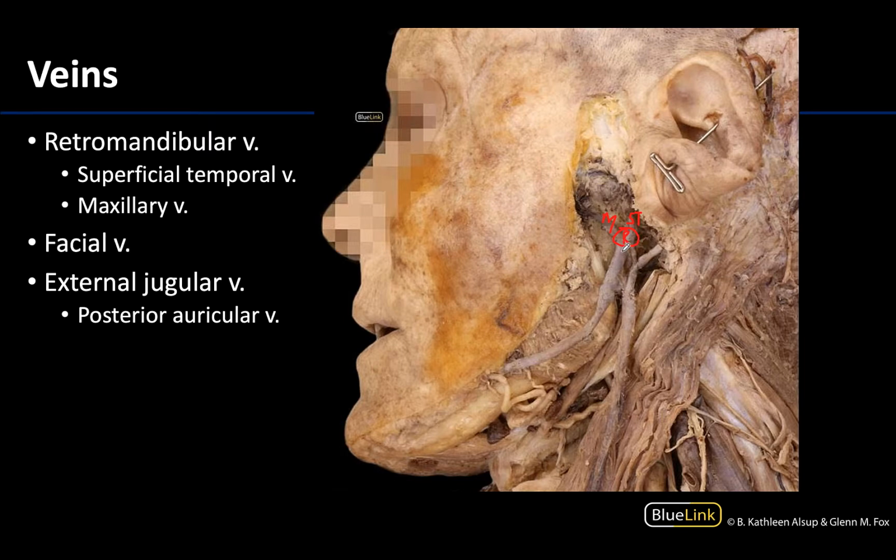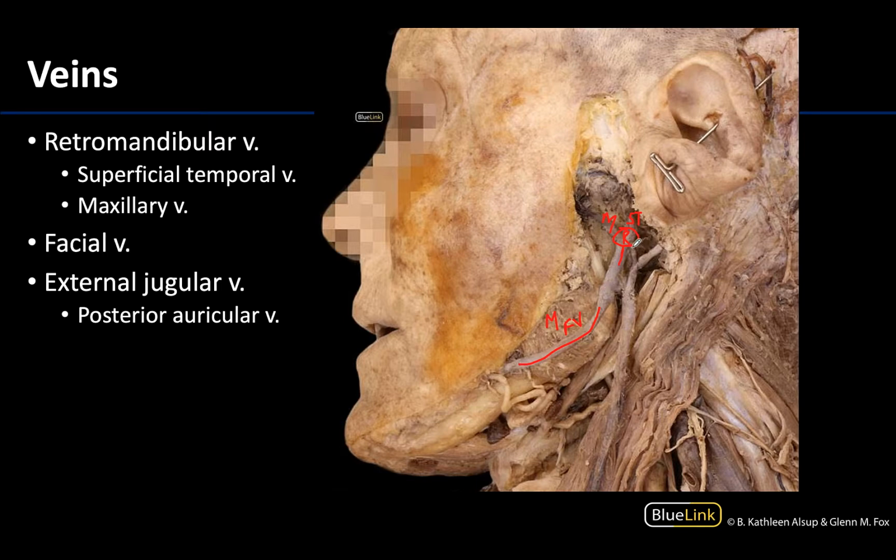The anterior division will typically unite with the facial vein. So this is your facial vein here. And I know that this is the facial vein because it's running along the base of the mandible. It's superficial to the masseter muscle, which you can see here, and it is running near the facial artery. So this facial vein with that anterior division of the retromandibular vein will drain into the internal jugular.